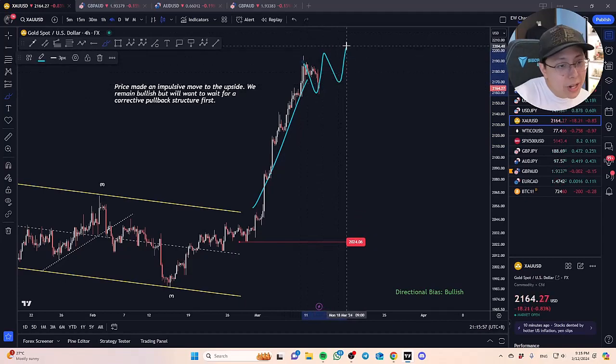Right now we do not have that information, and the odds of each is probably 33%, 33%, 33%, which means it's not in your favor. You don't have a high probability trade direction to focus on, and that's the reason why we don't enter a trade when all we have from the market is an impulse move.